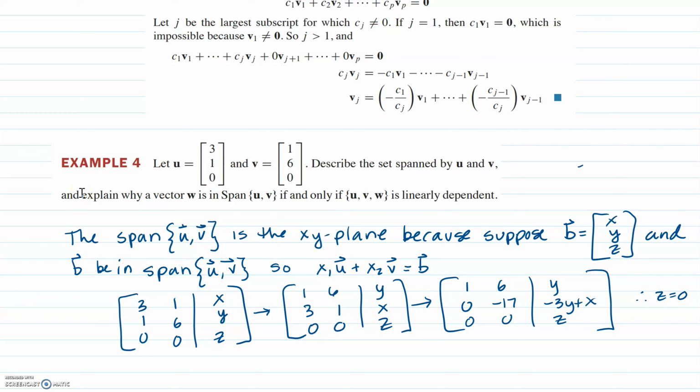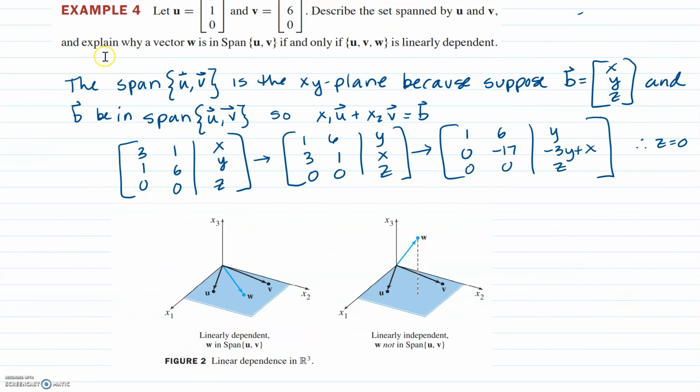Now we're going to explain why a vector w is in the span of u, v if and only if u, v, and w are linearly dependent. If we explain this by a picture, you can see here u and v are in just the xy plane, the x1 x2 plane, because we're going to let x1 be x, x2 be y, and x3 be z.